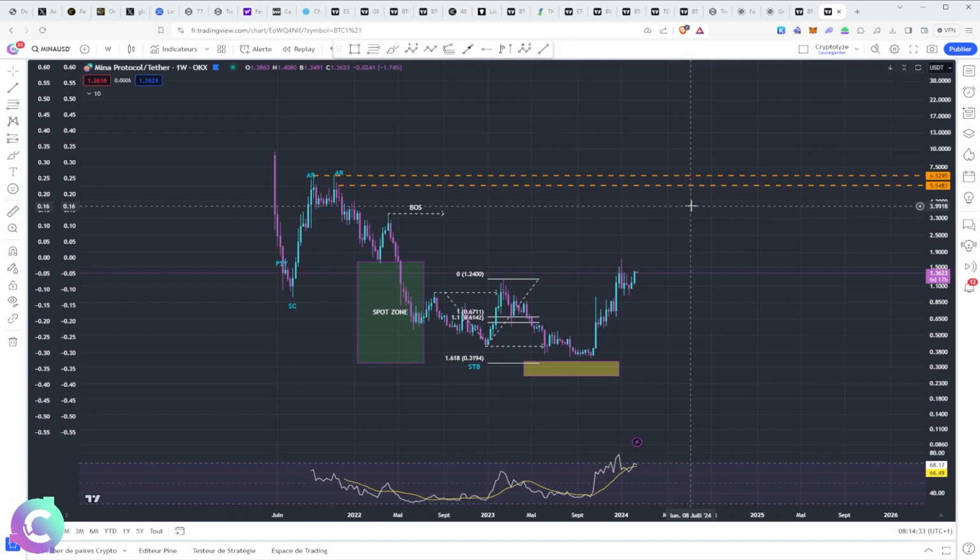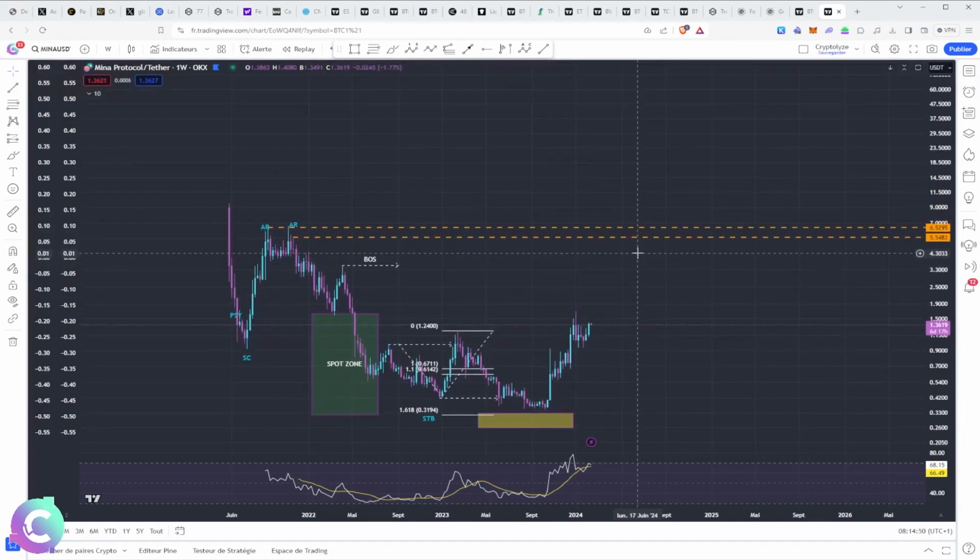And if we compare ourselves to what we could experience in a bull run phase for a layer 2, and with a narrative around ZK proofs and layers 2 of Ethereum, we could find precisely our friend MINA in the vicinity of $35 billion in terms of valuation. So this gives us targets at the level of MINA which are relatively high. This implies that we could search with a MINA in the region of $10, $11, $15, $20, so something that is very strong and very powerful.